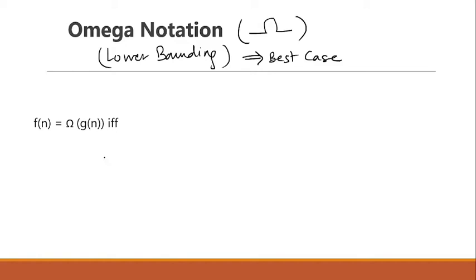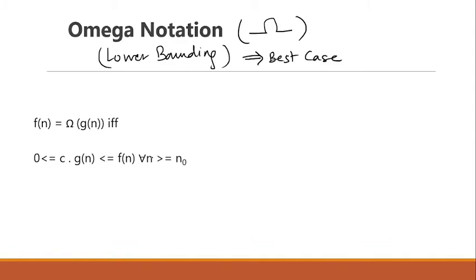So you can very well see that here I would have c dot g of n lower bounding f of n. Let me repeat. f of n is lower bounded by g of n if and only if c dot g of n is less than or equal to f of n for all the values of n greater than or equal to n0. Don't get confused, it's a very simple thing.